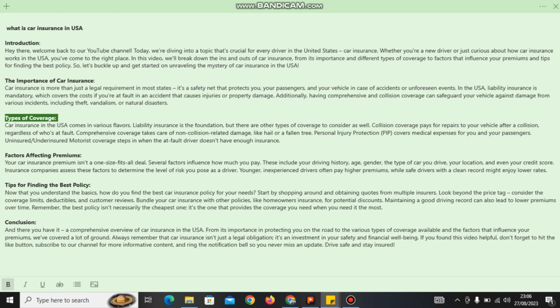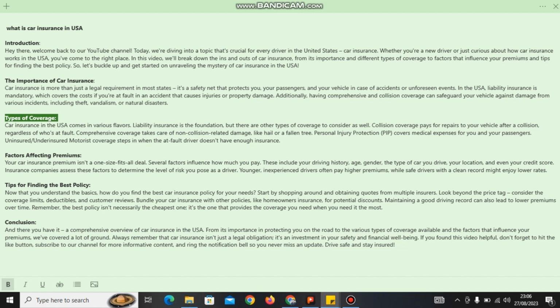Types of coverage. Car insurance in the USA comes in various flavors. Liability insurance is the foundation, but there are other types of coverage to consider as well. Collision coverage pays for repairs to your vehicle after a collision, regardless of who's at fault.